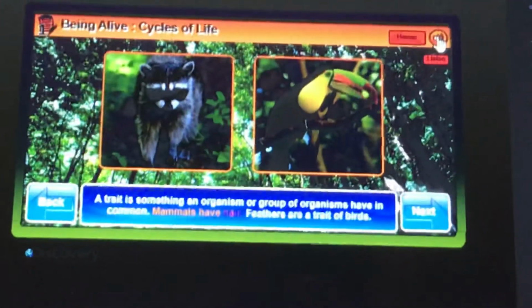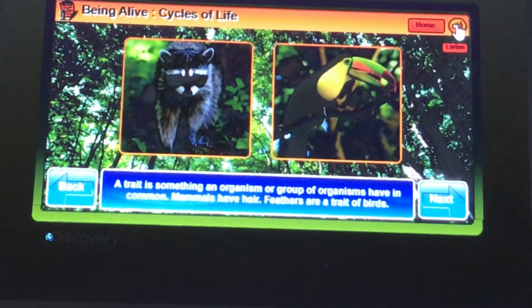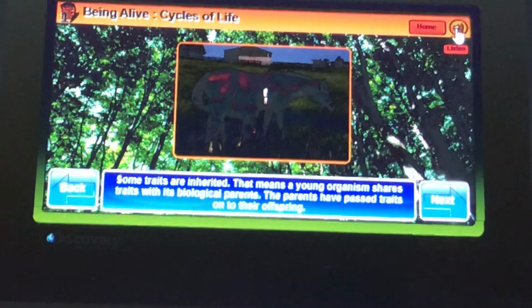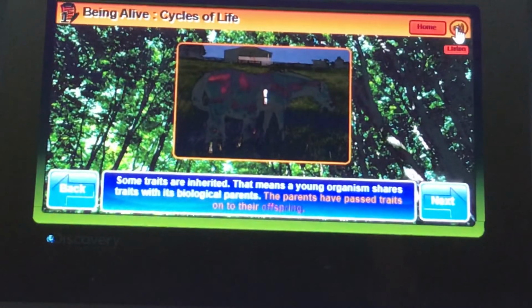Mammals have hair. Feathers are a trait of birds. Some traits are inherited. That means a young organism shares traits with its biological parents. The parents have passed traits on to their offspring.